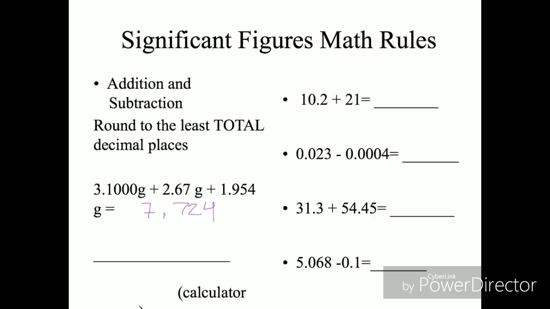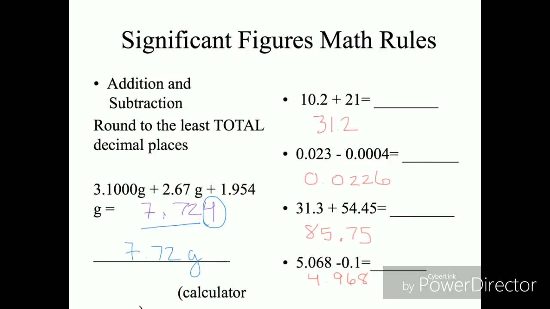In this case, we should have no more than 2 decimal places. So we'll use the same rules for rounding that we talked about earlier. We'll underline the digits we want to keep and examine the next digit to determine if we stay or round up. So in this reported answer, we should only report 7.72 grams.